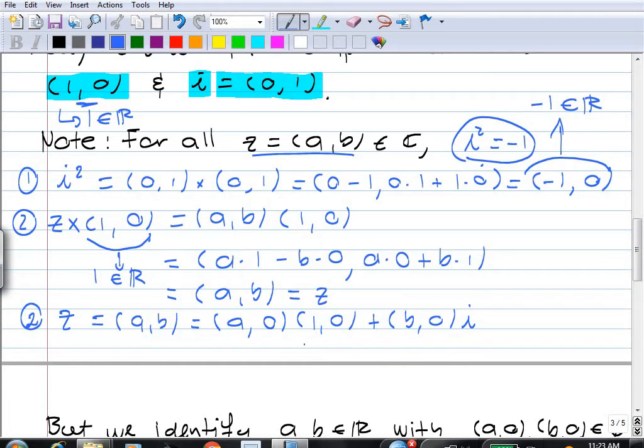And now remember, this is the complex number we associate with the real number a. That is the complex number we associate with the real number 1. And this is the complex number we associate with the real number b.